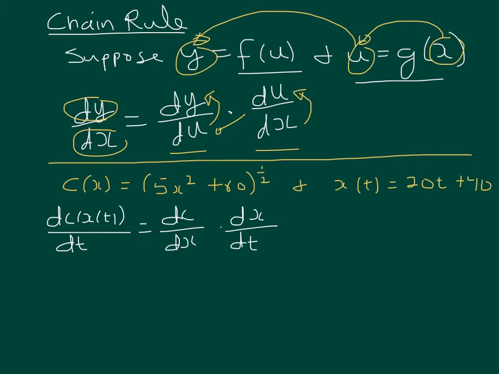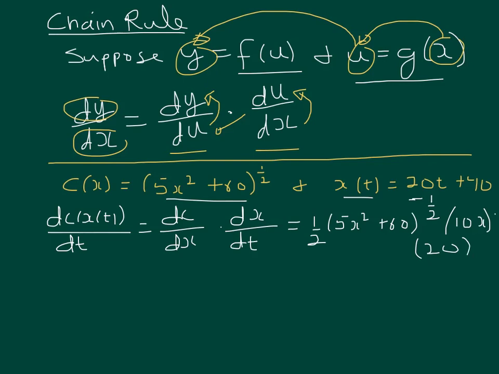which, applying again this extended power rule that we have learned, this will be 1/2 times (5x squared plus 60) to the negative 1/2, times the derivative of stuff inside the parentheses, which is nothing but 10x, multiplied by the derivative of x with respect to t, which will be in this case just 20.